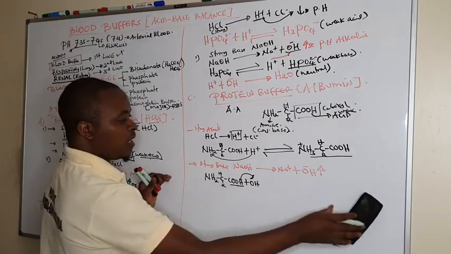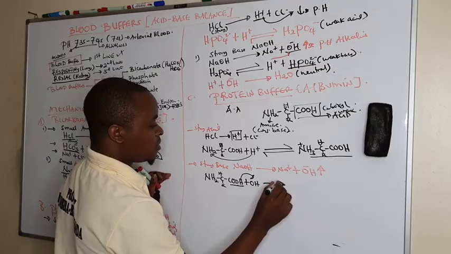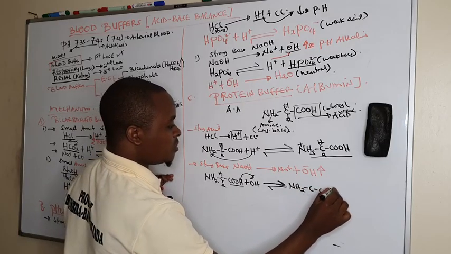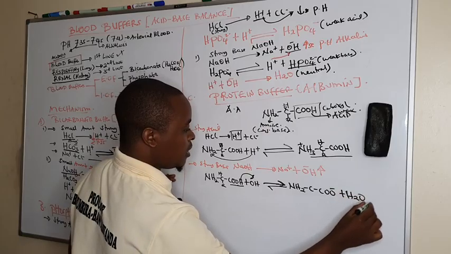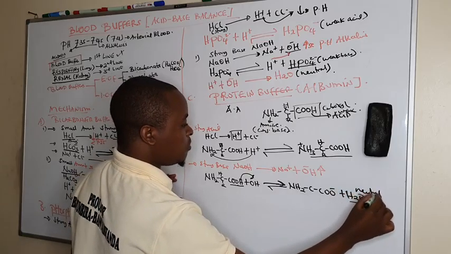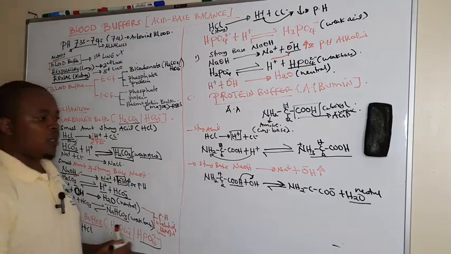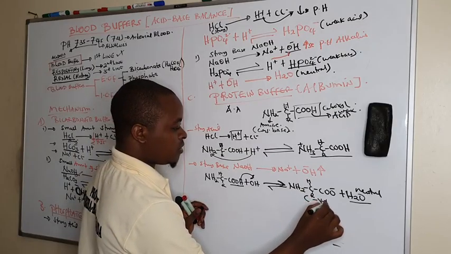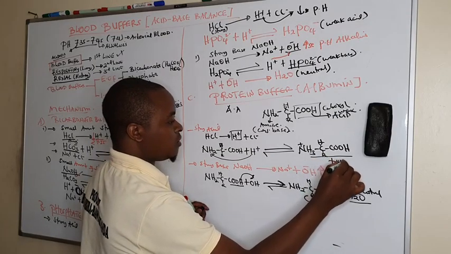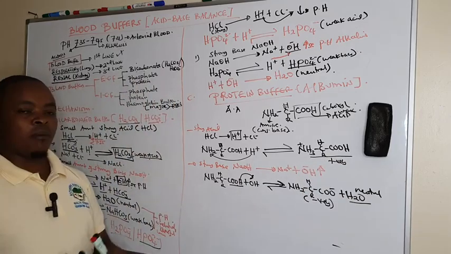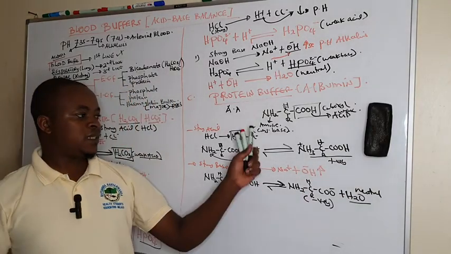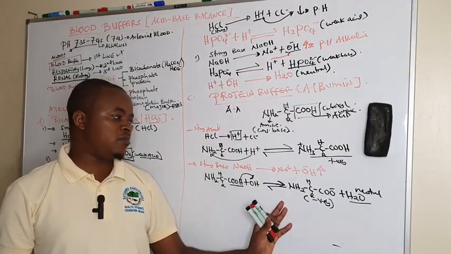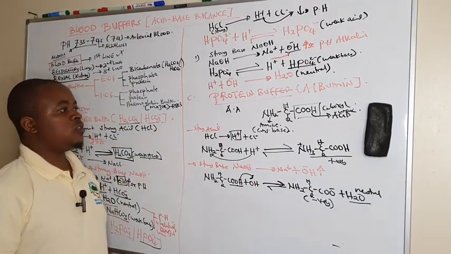It donates this hydrogen ion, hence forming a negatively charged compound plus water. And the water formed is neutral, so the pH of blood will remain at a constant level. And this one becomes negatively charged. This one was positively charged. So that's why we normally say that amino acids or proteins in acidic media are positively charged, whereas proteins in alkaline media are negatively charged.